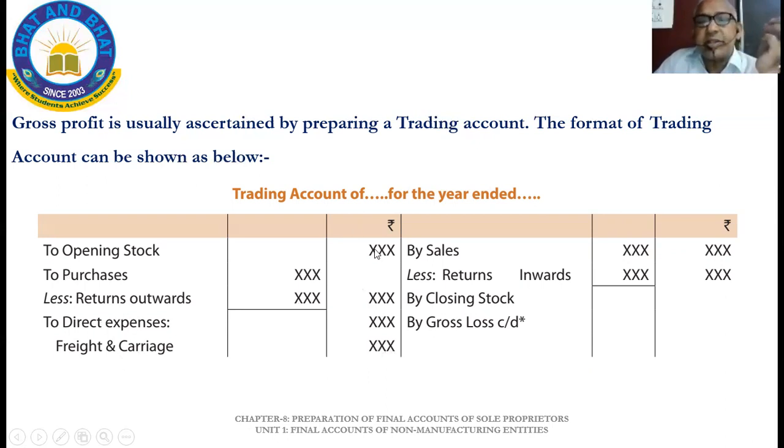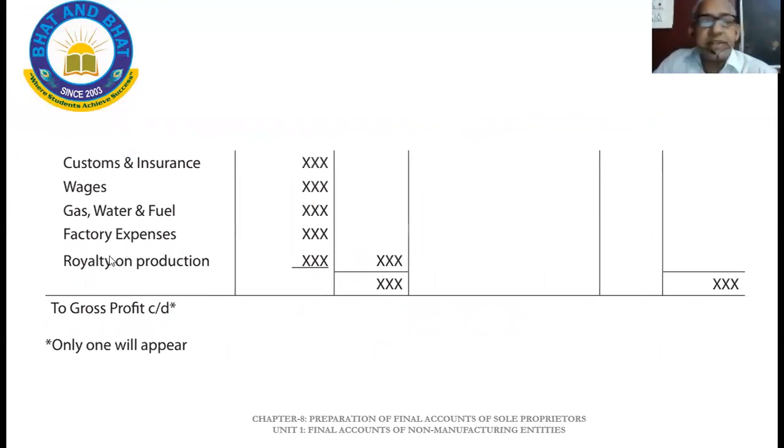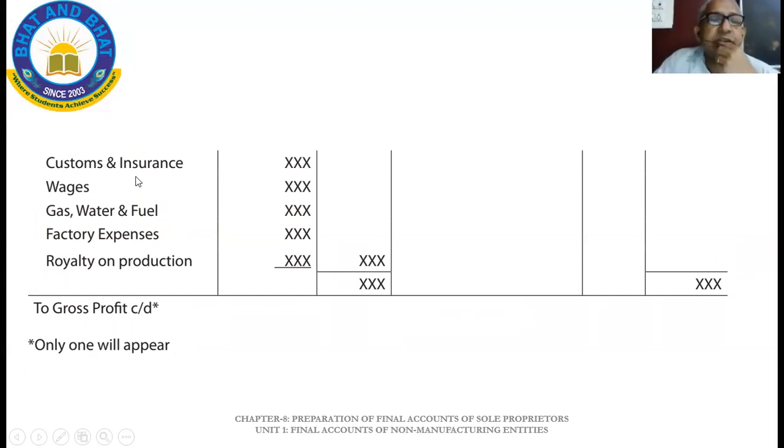Then you have to find out which side is more in total, either debit side or credit side. Then for the debit side, any wages paid, expenses, these are all names of the expenses. It is given that direct expenses, freight, carriage, one possibility, another customs and insurance, another possibility, transit insurance.